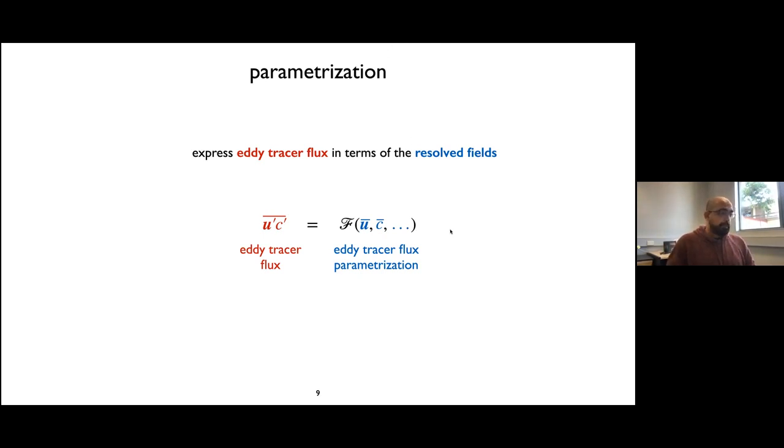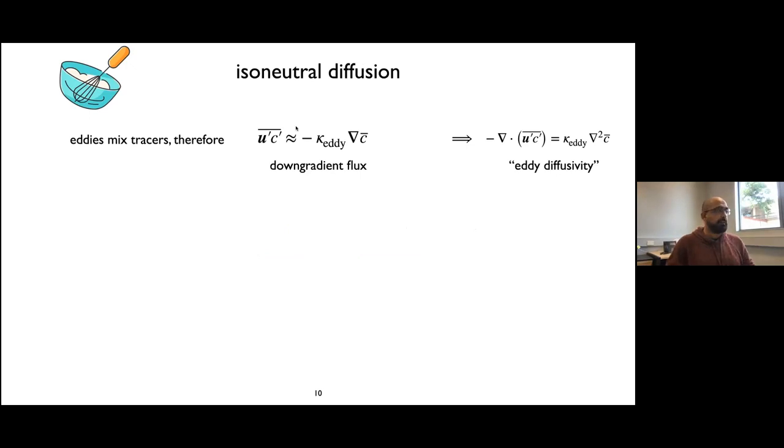So the simplest way to parameterize this eddy tracer flux is as a down gradient flux of the large scale tracer.